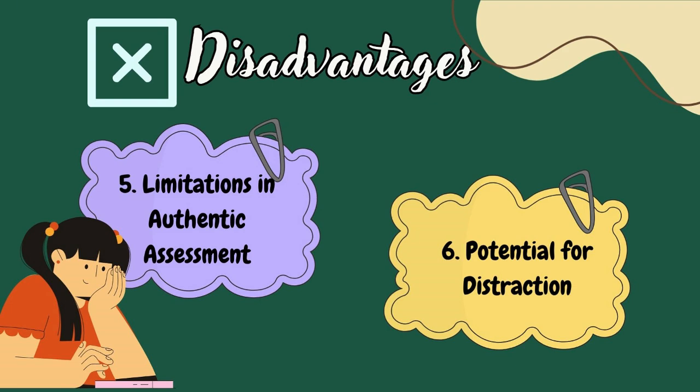To minimize distractions in technology-based assessments, it is essential to establish clear guidelines and expectations regarding device usage, minimize unnecessary notifications, and create a conducive assessment environment that promotes focus and concentration. By addressing potential distractions proactively, educators and assessment designers can ensure a more effective and authentic assessment experience for students or participants.